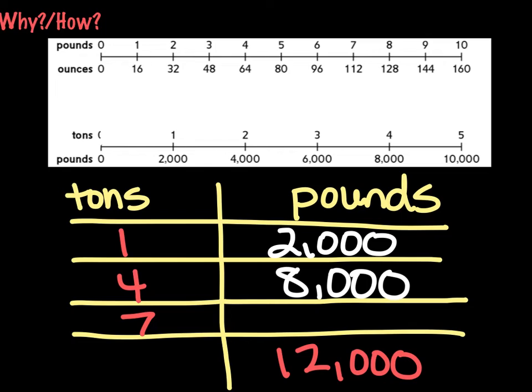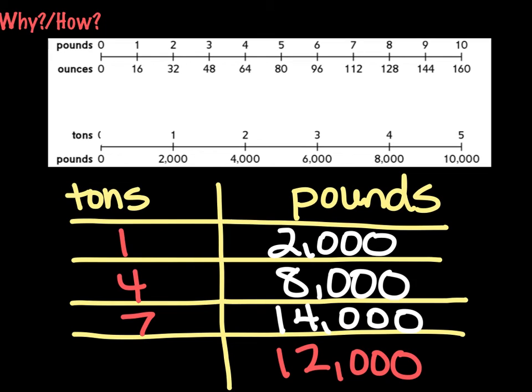And then we're going to look at 7. Oh, 7 is not on my scale. So what do I do? Well, go back to the 1. I know that there's 2,000 pounds in 1 ton. So what am I going to do to that 7? I'm going to multiply that times 2,000, which is going to give me 14,000 pounds.